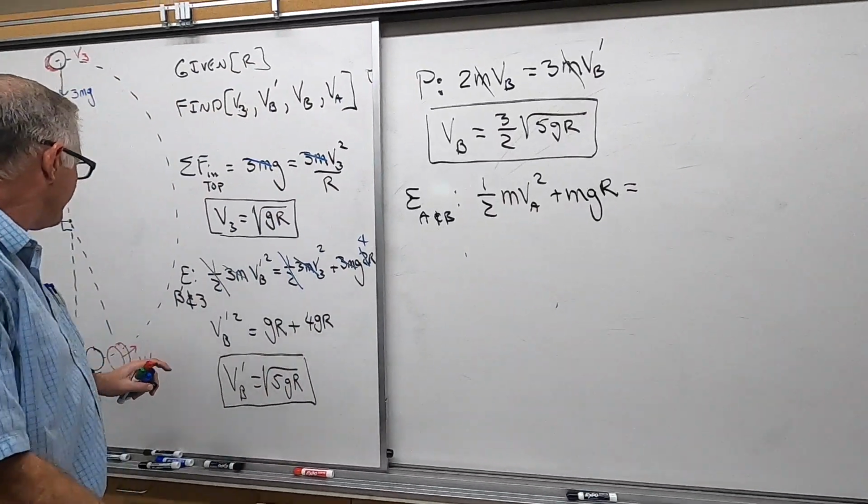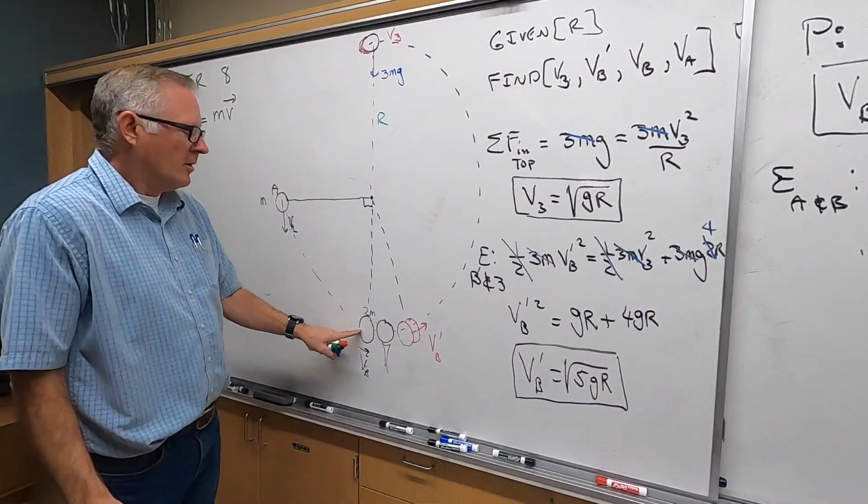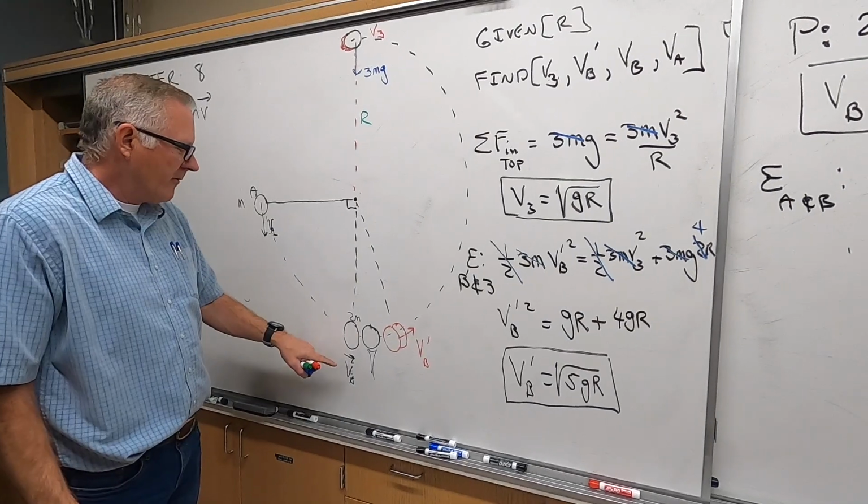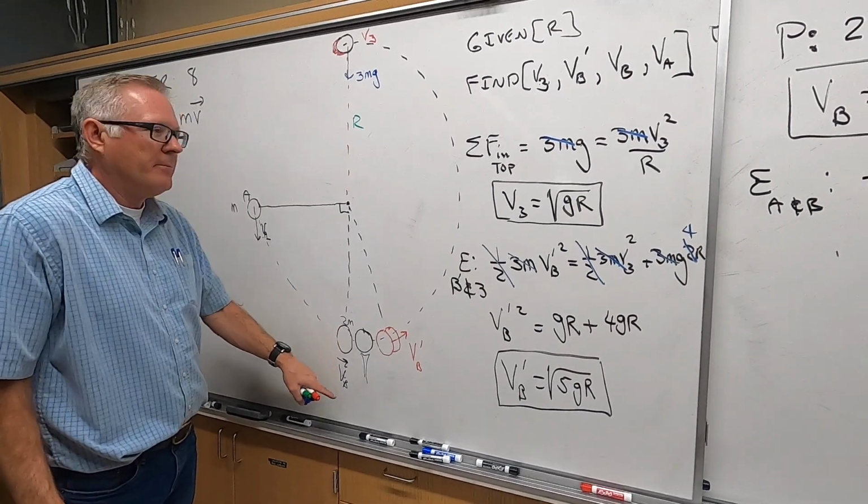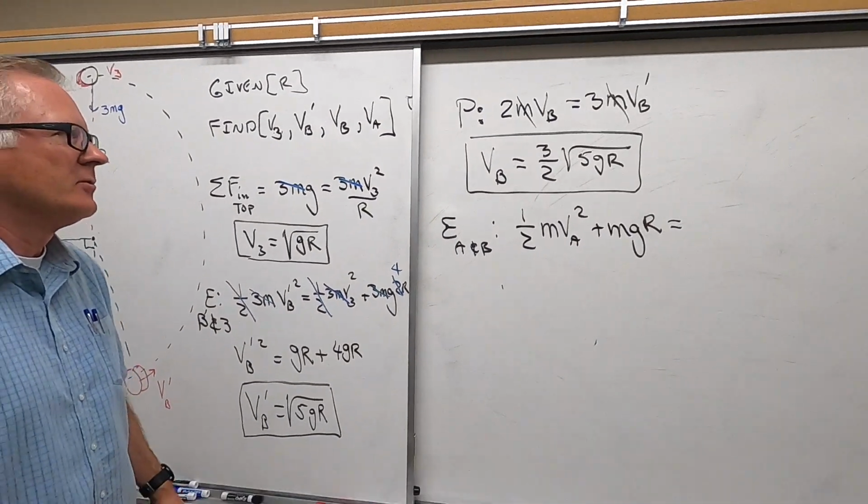And then at this point down here, we just have 1/2 mVB squared.